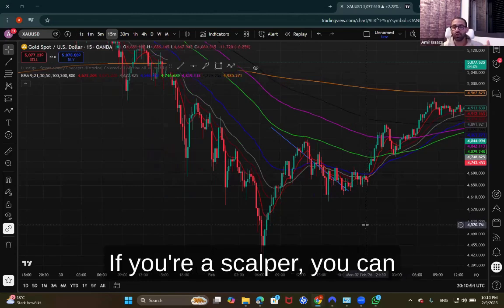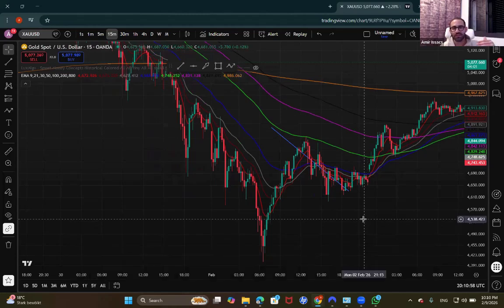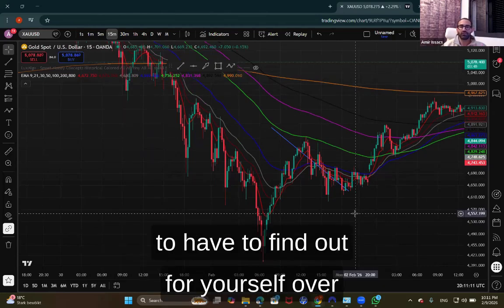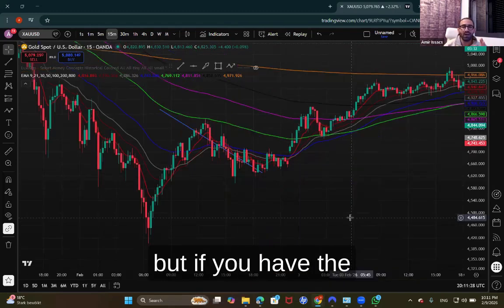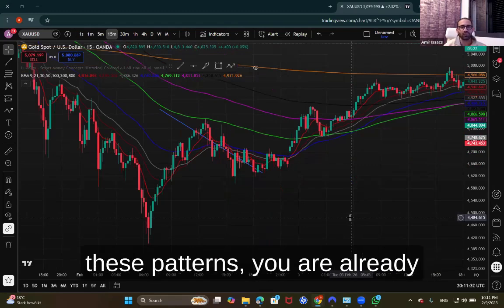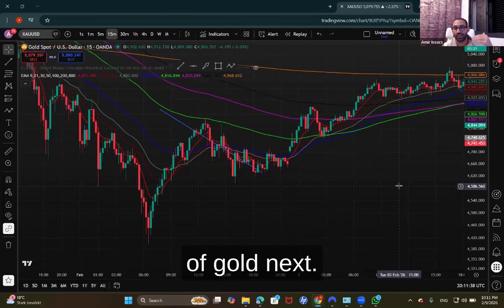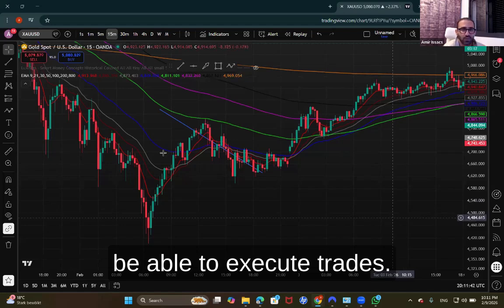If you're a scalper, you can ride the same trend multiple times in 5 minutes. So this is where you're going to have to find out for yourself over time what type of trader you are. But if you have the basics of reading and understanding these patterns, you are already positioning yourself one step ahead of understanding what will be the price of gold next. And according to that, you'll be able to execute trades.